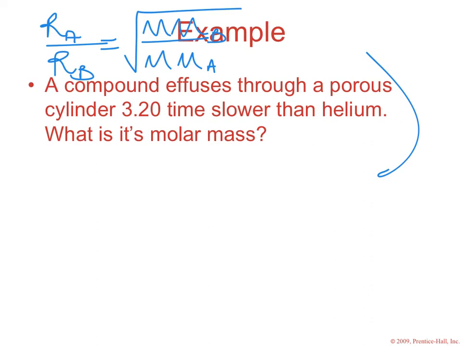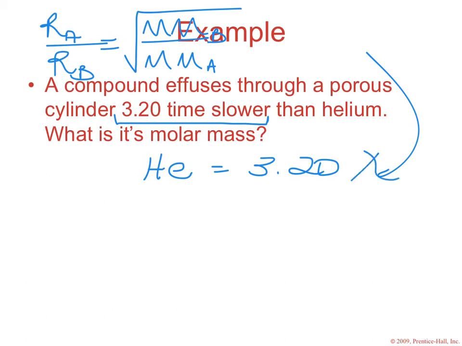So if we have a gas that effuses 3.2 times slower than helium, there are a couple different ways to set this up. The way I like to set it up is to say helium is 3.2 times faster than the unknown gas, which we'll call X. So the rate of helium effusing is 3.2 times faster than the rate of our unknown compound X.